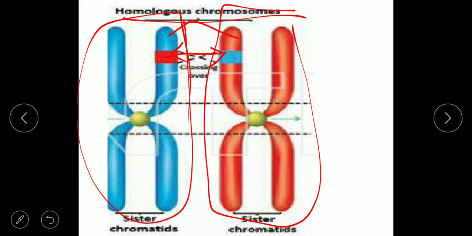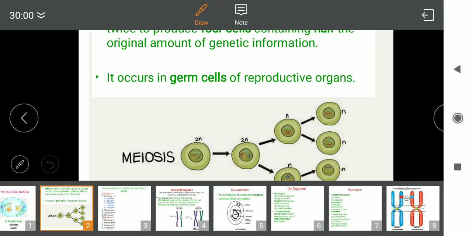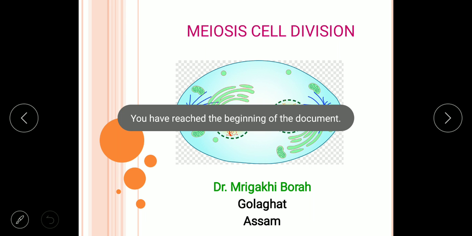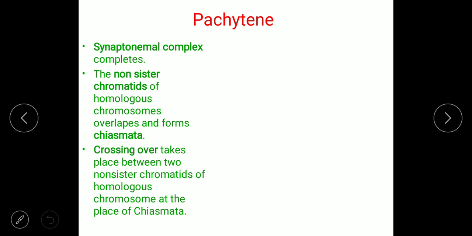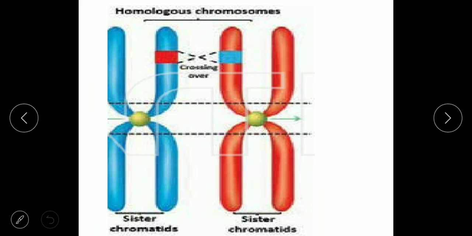These two are non-sister chromatids, and interchange of genetic material between them will take place. The blue part comes from this chromosome, and this red part comes from this chromosome, and this is known as crossing over.